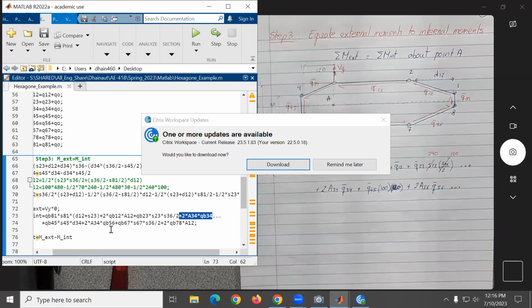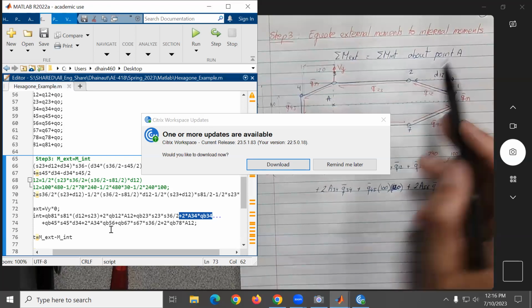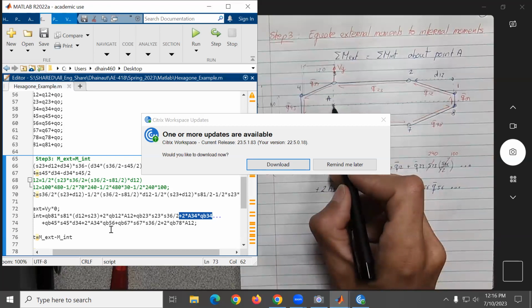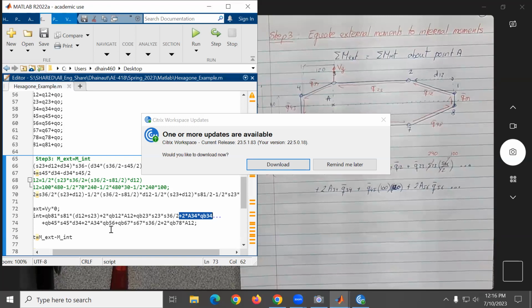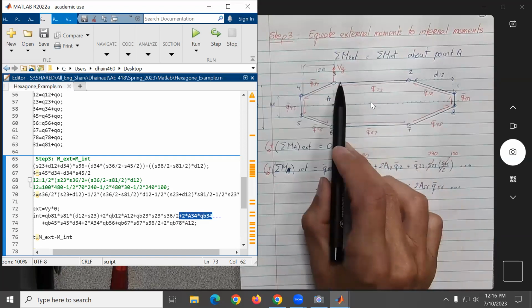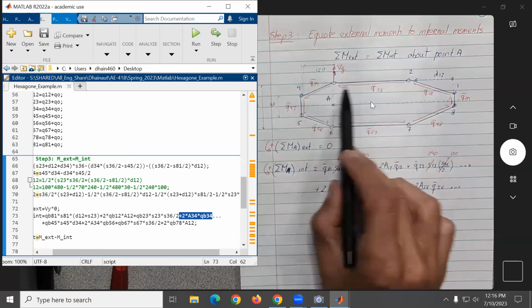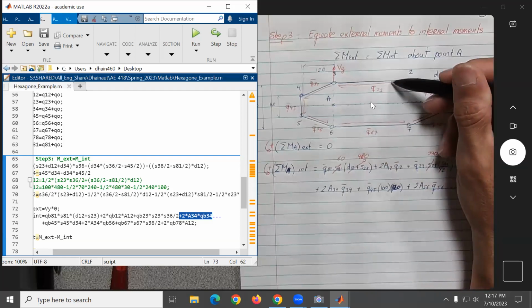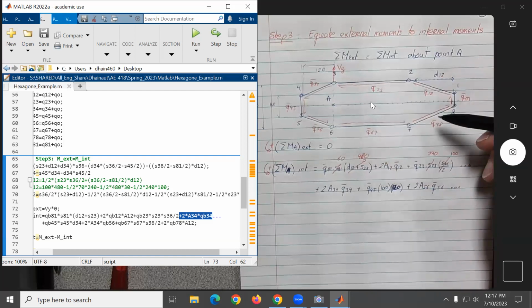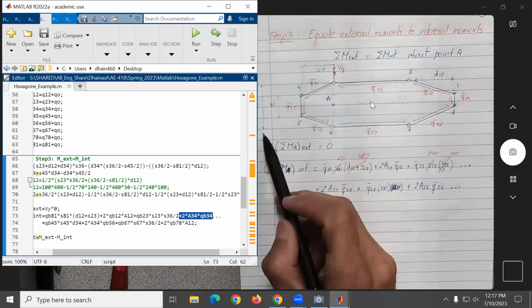On which one? Q23 divided 200 by 2. Yes, because you need to find the distance between this, and we take a moment about which point? A. What is the arm? Okay, what is the moment created by the force going over here? Is force times arm. What is the arm? Is the distance between 2, 3 and point A, no? So what is that distance over here, from here to here? Is those 200 here divided by 2, no?